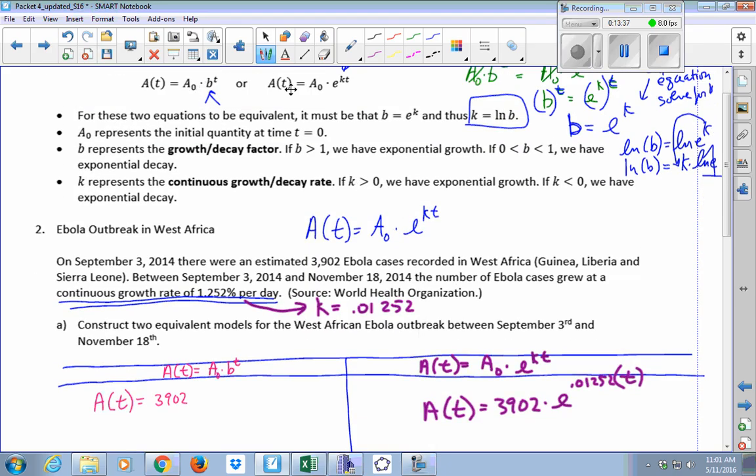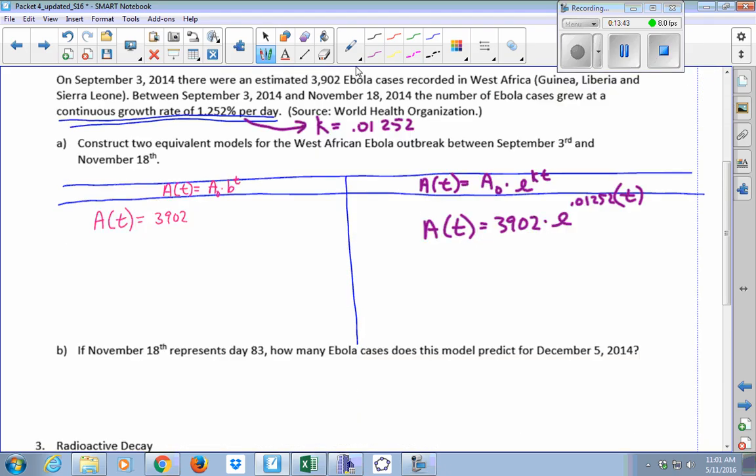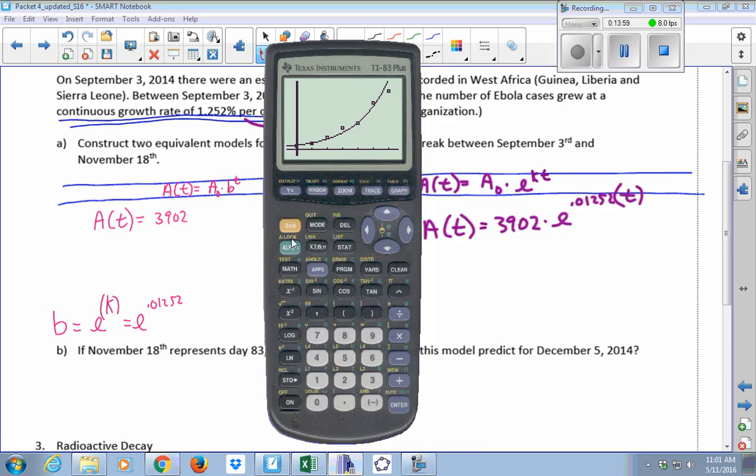If you look at these 2 equations, b is taking the place of e to the k. Since I know what k is, I can find b. So b is equal to e to the 0.01252. To find b, I just throw that into my calculator and let my calculator do all the work.